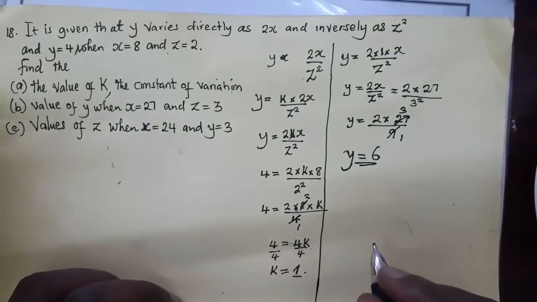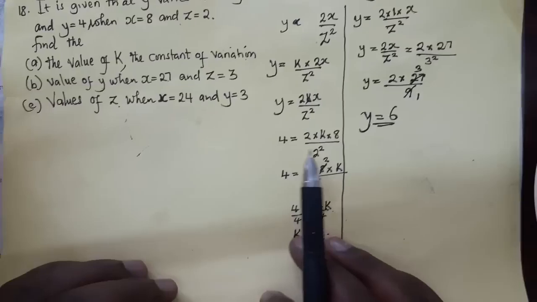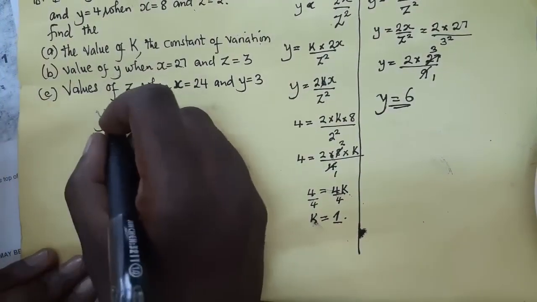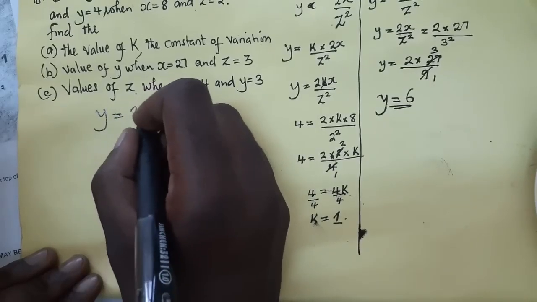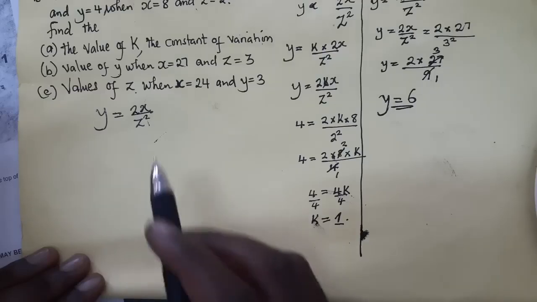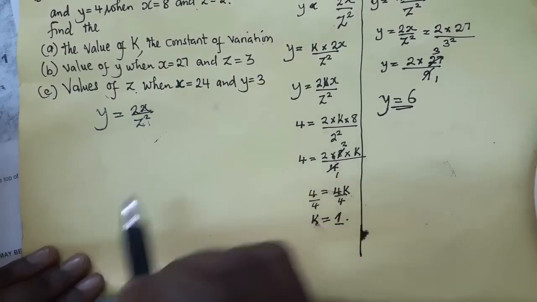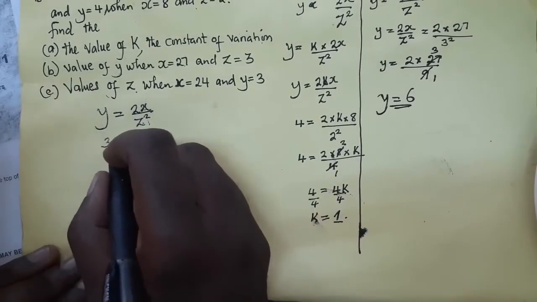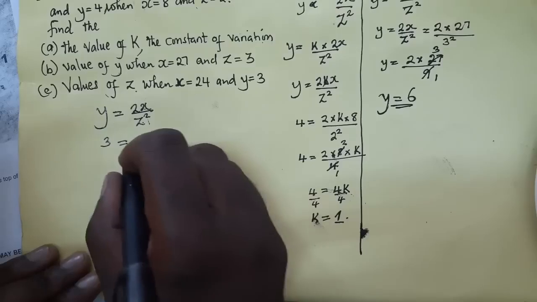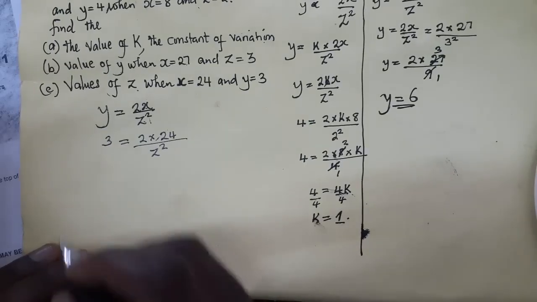Then the last one is find the values of z when x is equals to, remember we are using this same equation, 2x over z squared. All right, so we want to find the values of z when x is equals to 24 and y is equals to 3. So where there is y, I'm going to put 3, then 2 multiplied by 24 over z squared. Is that clear?